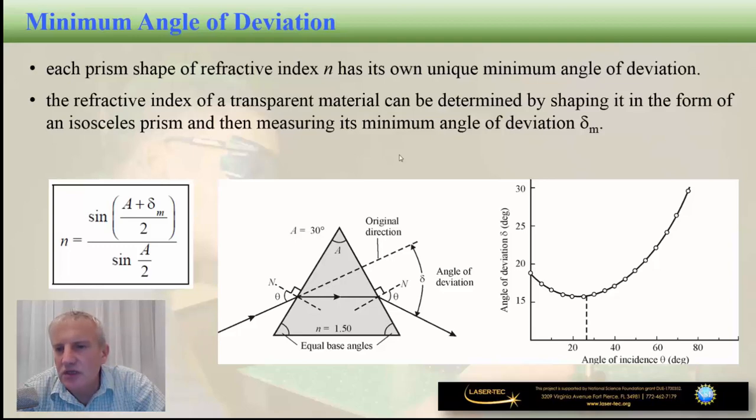That's what we're going to be doing in the lab. We are not going to be shaping the prism in a specific form, but you're going to be given the prism. However, you're going to be performing all the measurements to determine the minimum angle of deviation, and then applying this formula to figure out the index of refraction of the material that our isosceles prism is made out of.